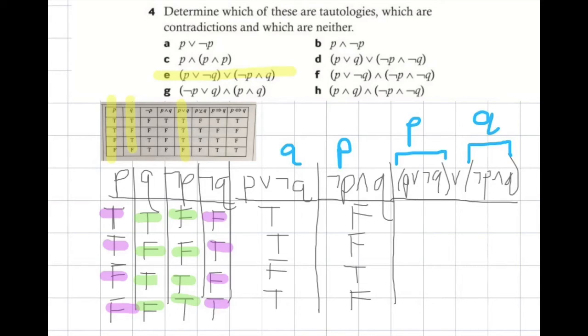Let's go with a different color. True, false. So look here, true, false is true. So put a true there. True, false again, true. False, true is true. And true, false again is also true. So this is a tautology, if I can write it.